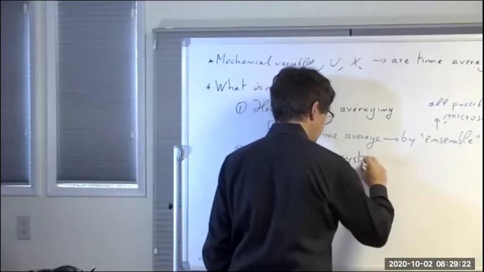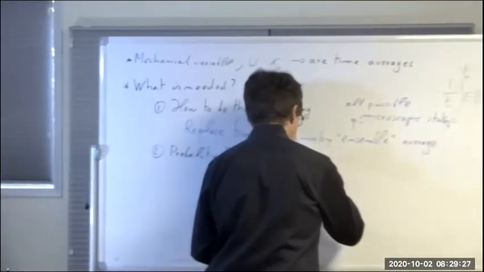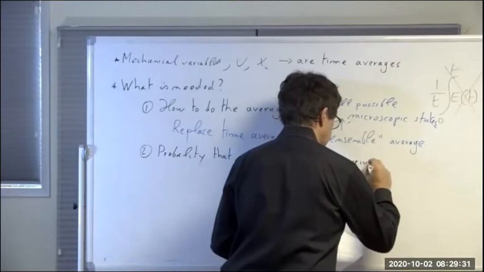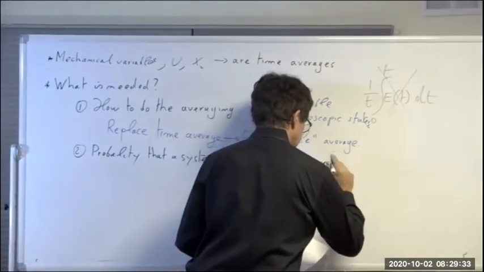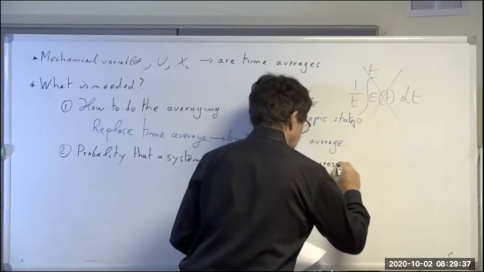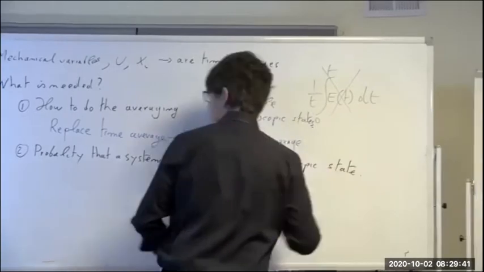So the probability that a system occupies a given microscopic state. So that's the second thing we need.